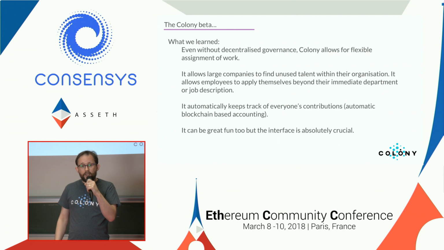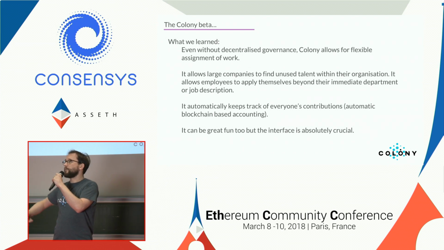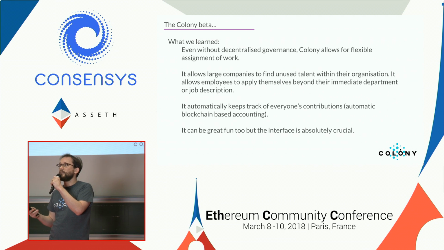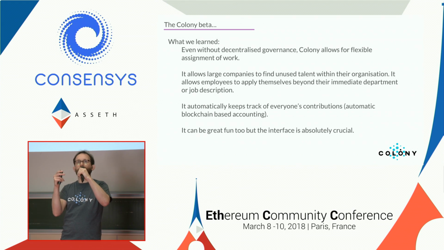For the huge organizations, the interest was they could flexibly assign work to a lot of people, and people within the organizations could flexibly pick up work in the system, and the system would automatically keep track of who does what. That flexibility was valued by the organization that could find unused talent or idle workers, and the workers benefit too because they can move beyond their immediate task set in their immediate department as long as they have time and skills.